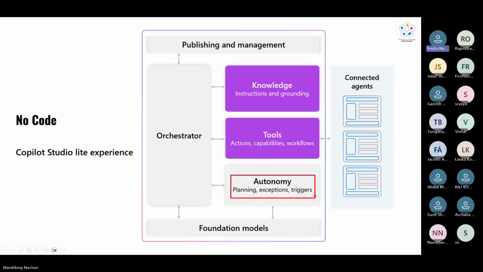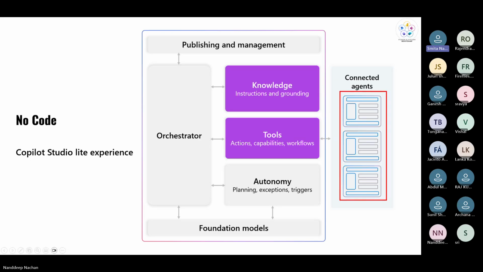On top, publishing and management are handled automatically. Security, compliance, permissions, and lifecycle management are built in. So anything you create is enterprise ready by default. Finally, connected agents show that even in a no code model, Copilot can collaborate with other agents.